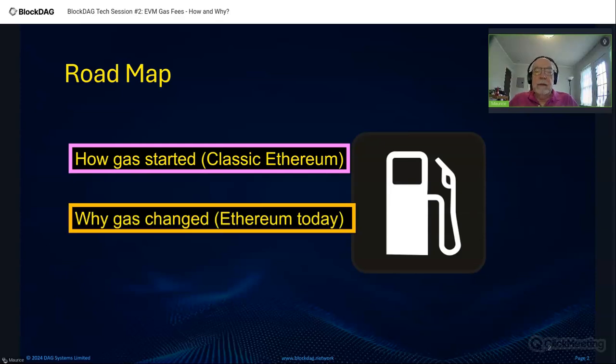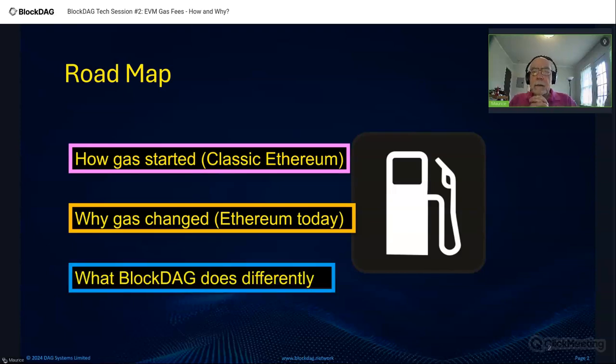This was fixed, or mostly fixed, in 2021 with the London hard fork. I'm going to tell you what was fixed and why they did that. And finally, what BlockDAG does differently. The gas structures are mostly the same as in Ethereum, but there are a couple of limited but, I think, significant changes that BlockDAG makes that I think will be of interest to everyone.